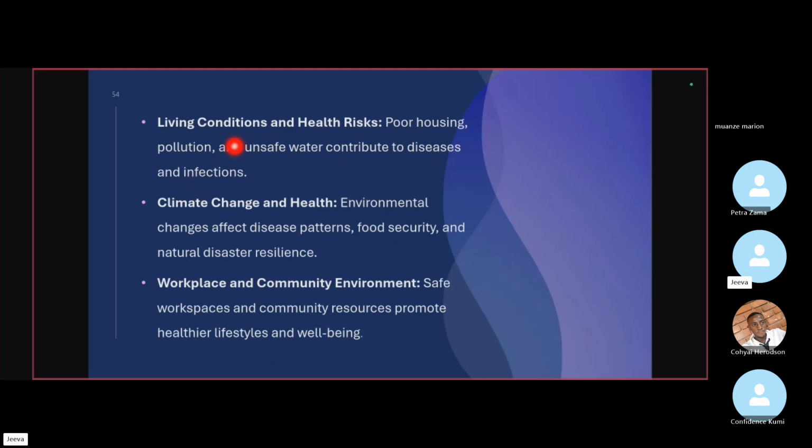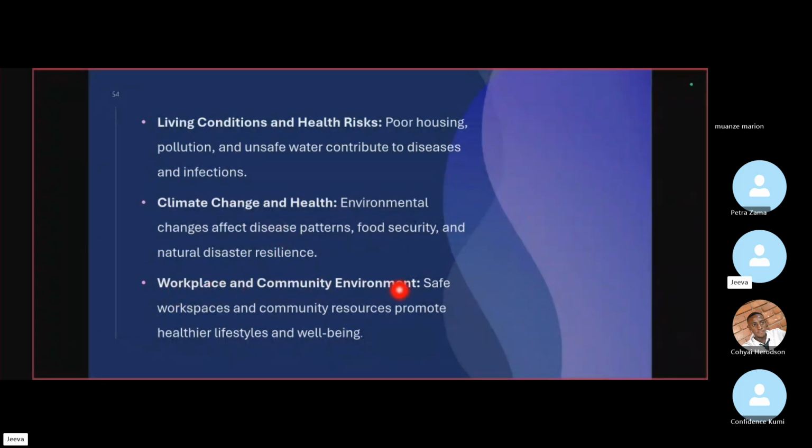Those living in poor housing like sheds, in polluted regions, or using unsafe water can all get infections. Then climate change and health: environmental changes can affect disease patterns. Food security and natural disasters can also lead to health issues.